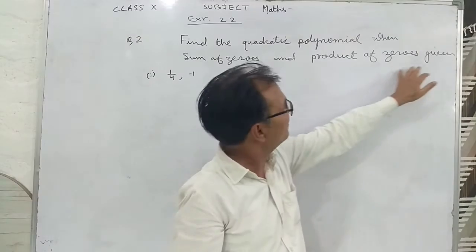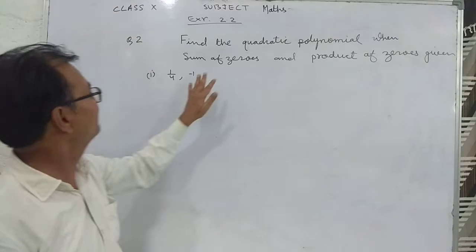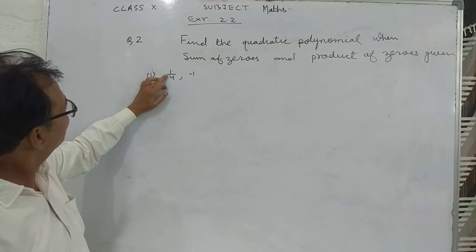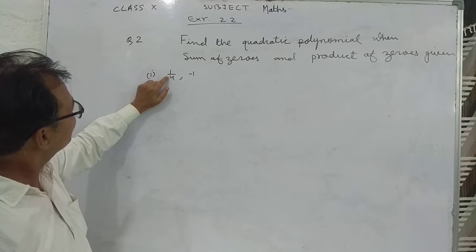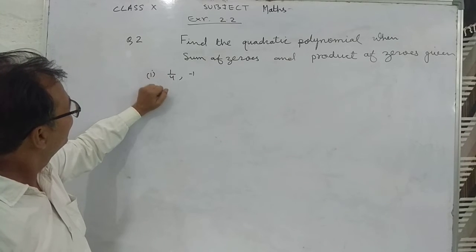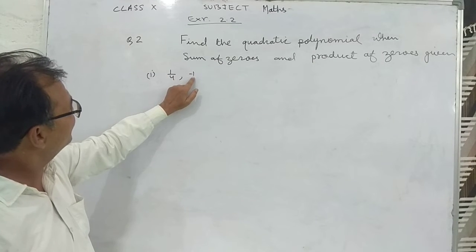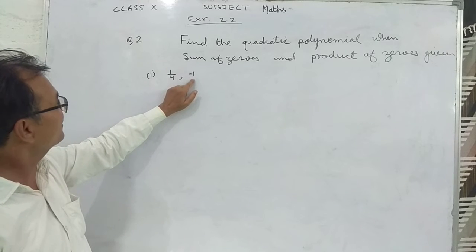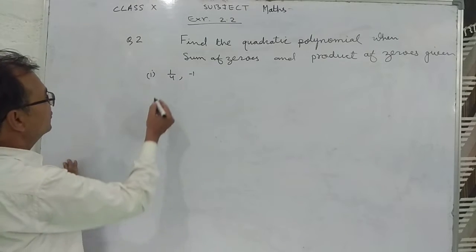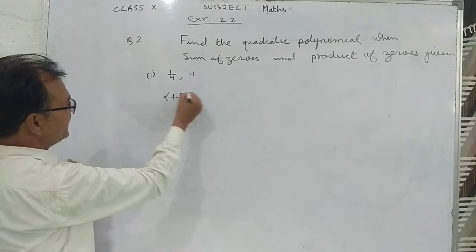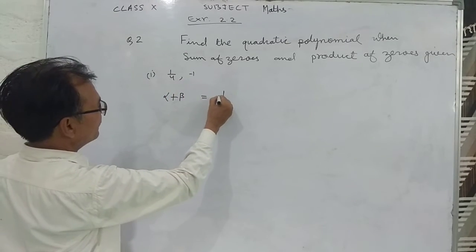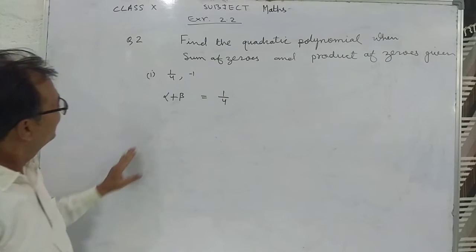Now in question number 2, exercise 2.2, question 2, we have find the quadratic polynomial when sum of zeros and product of zeros given. Here we have 1 upon 4 as sum of zeros and minus 1 is product of zeros. So we can say here our alpha plus beta equal to 1 upon 4.